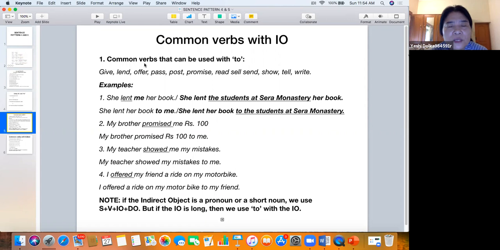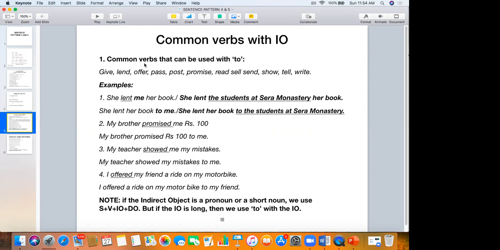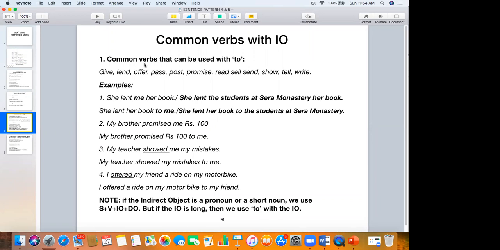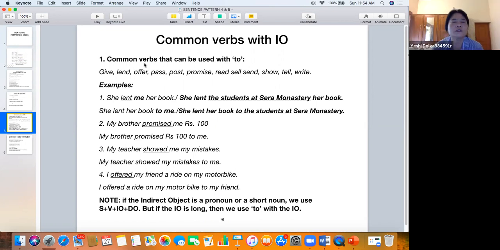Use one of these verbs. I passed the debate exam. We passed the shoe.